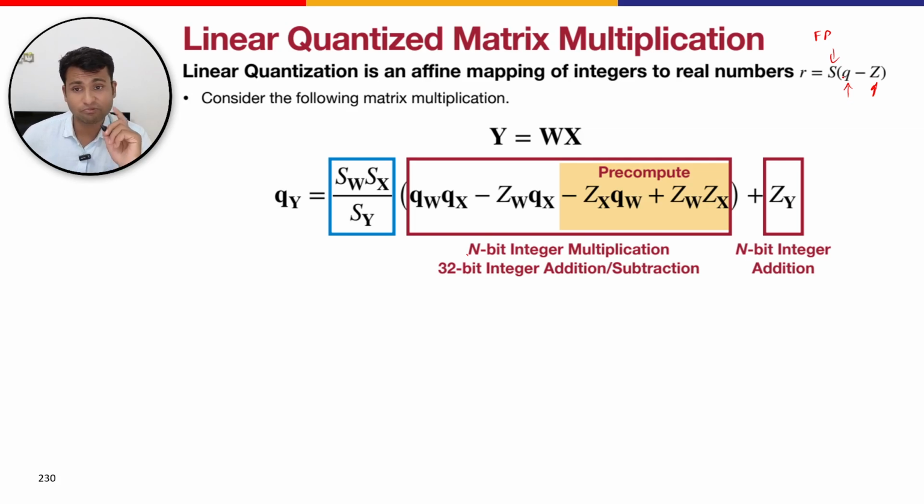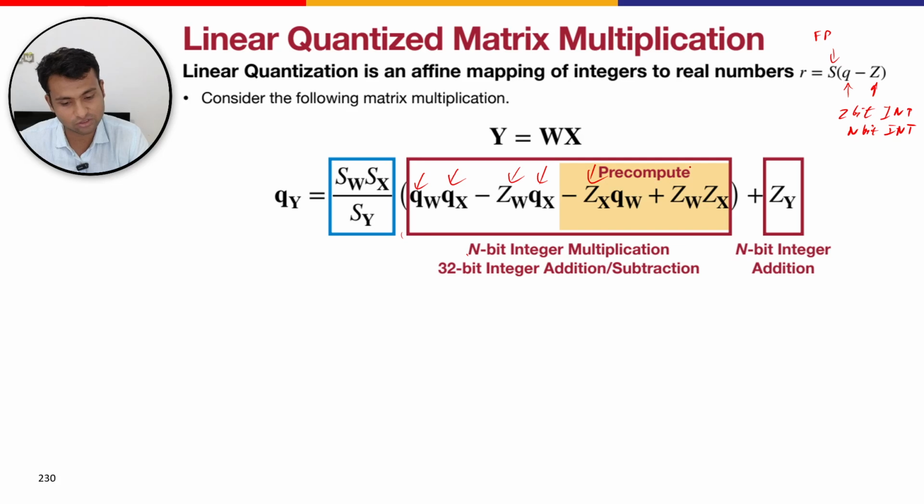In the previous example we had seen it to be 2-bit int, but let's generalize it into an n-bit int operation. Obviously this n-bit is going to be less than 32 for most practical purposes, but we do an n-bit integer multiplication for all these things which you see here. This is also n-bit, this is also n-bit, and so on.